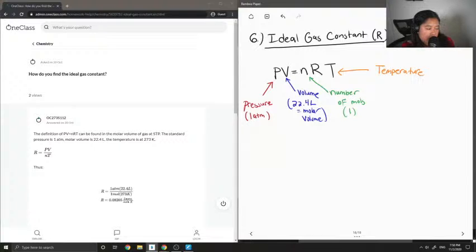For this temperature value, I'm going to use 273.15 Kelvin. So we don't use room temperature. We use 273.15 since this is defined as the 0 point on the Kelvin scale.